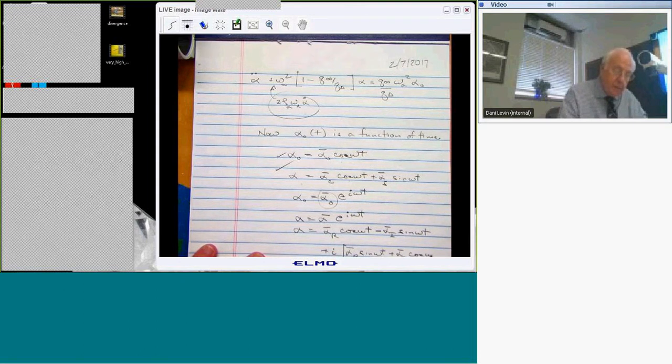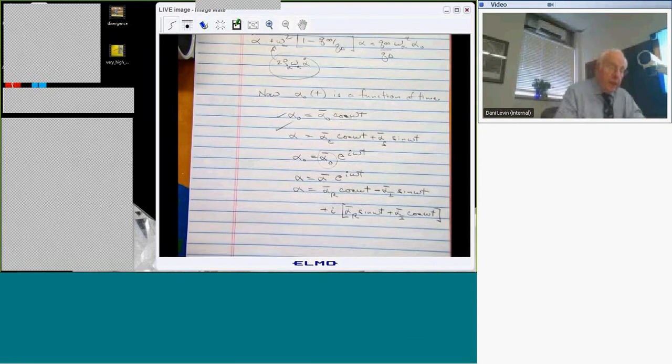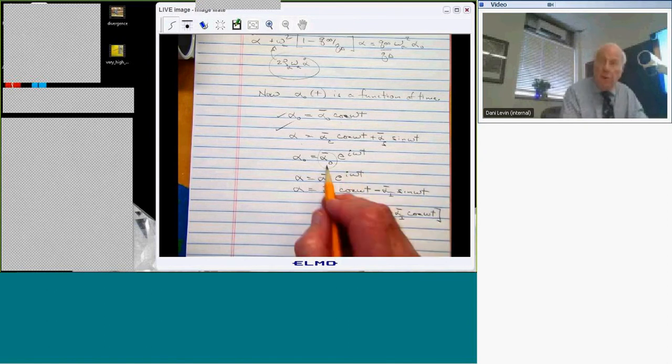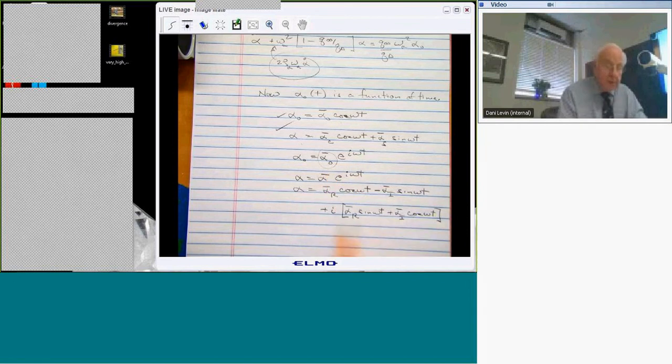I can do that, all right? But if the convention is I take the real part of this, so it's just alpha naught bar cosine omega t, then I have to take the real part of this too, and I do the calculation using complex numbers, but at the end of the day, if I really want to know what alpha is, I take the real part of this complex number, which allows for the phase shift.